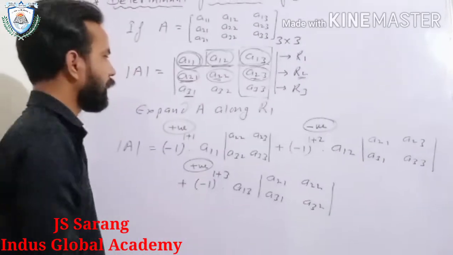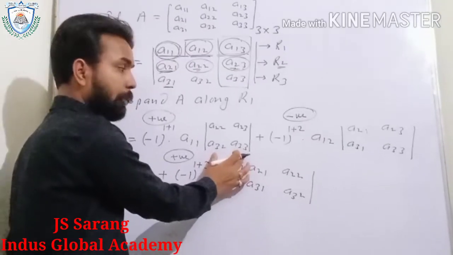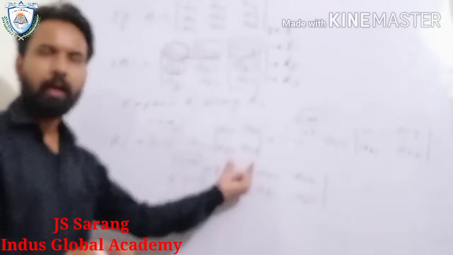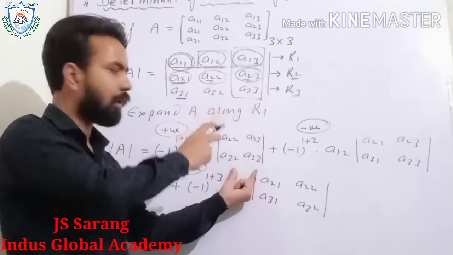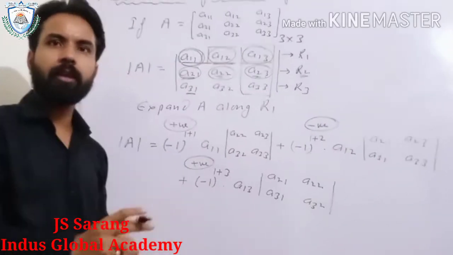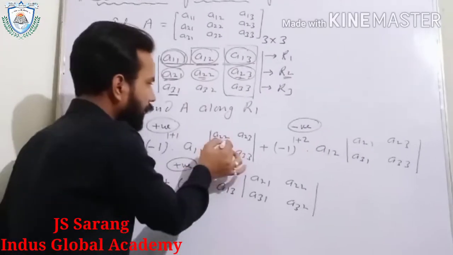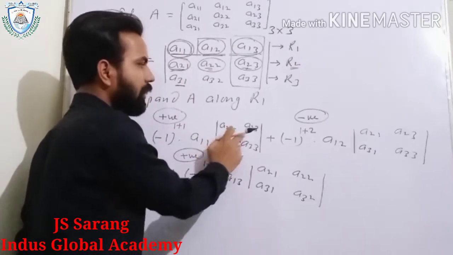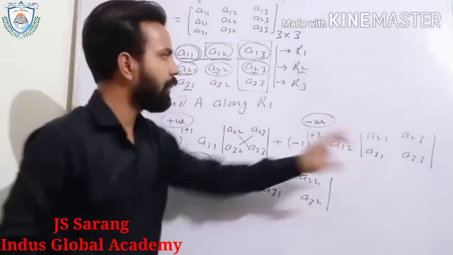Understood? After that, we will simplify this determinant. This determinant is of 2 by 2 order. I explained to you right now how we can find the value of a determinant of 2 by 2 order. We will do the cross multiplication here. This is multiplied by this minus this is multiplied by this. Same here.